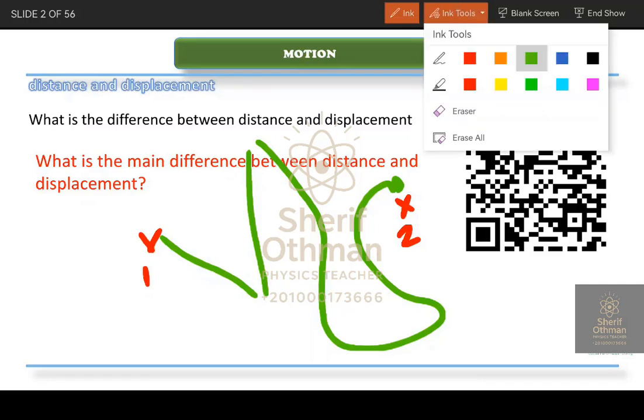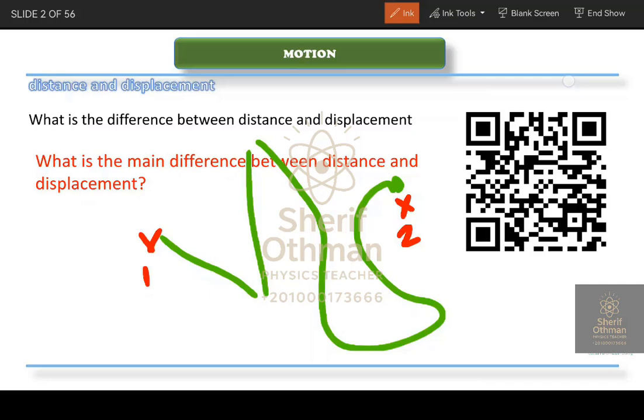While if this object moved from the initial position to the final position in a straight line directly, that means it moved in displacement. So the difference between distance and displacement is only the direction.